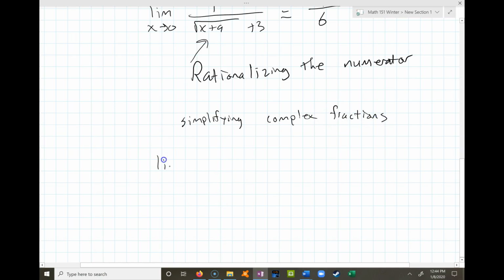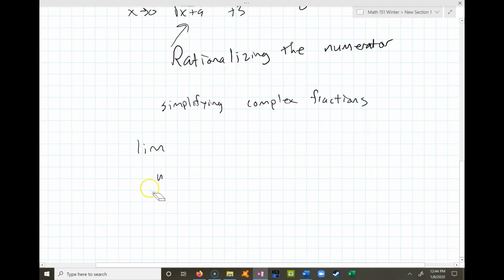So that would be where I have the limit as x approaches 0 of 1 over x plus, 1 over 3 plus x minus 1 over x, all over x.